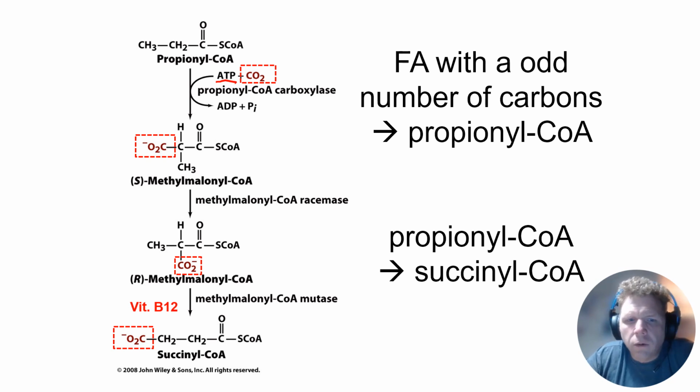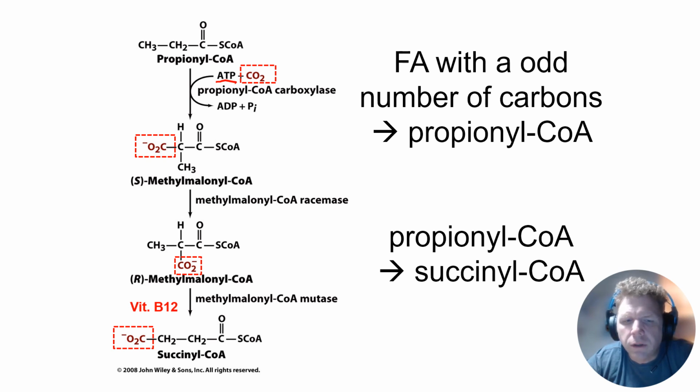Now from that, we're going to get, well, oh man, this is bonkers. We're going from S-methylmalonyl-CoA to R-methylmalonyl-CoA. We are isomerizing, making the other component of a racemic mixture, making this R-methylmalonyl-CoA. That is the natural substrate. That's an appropriate substrate for the enzyme methylmalonyl-CoA mutase.